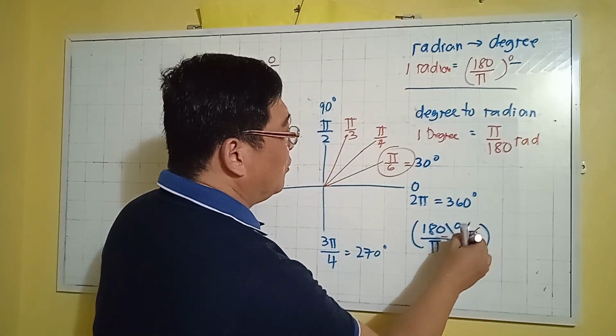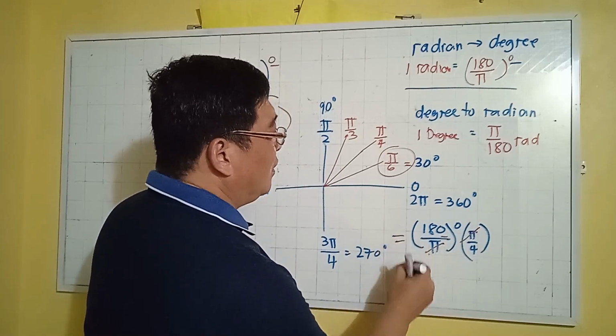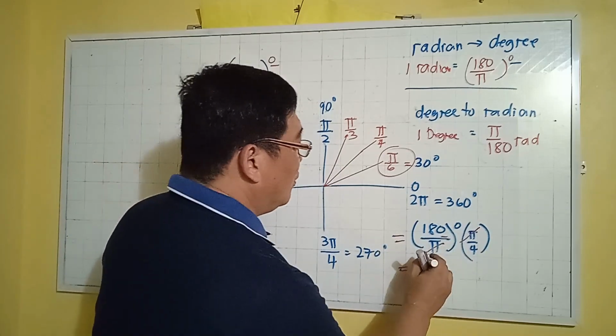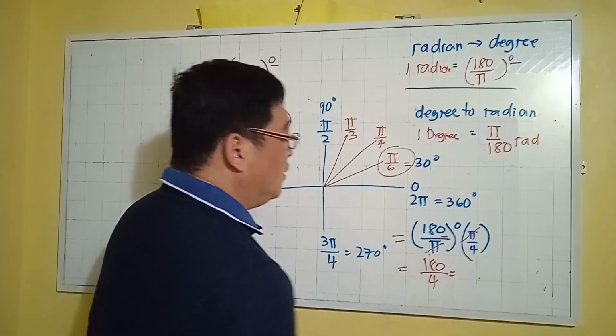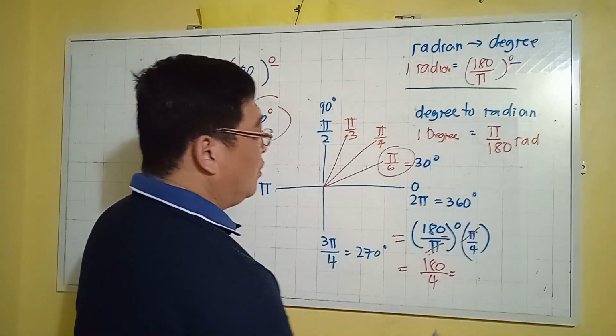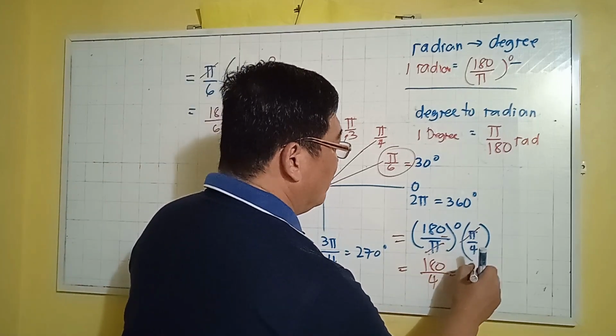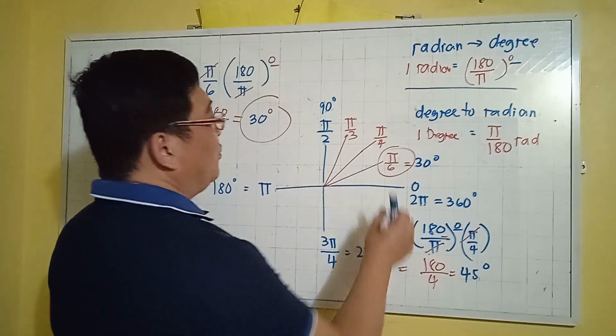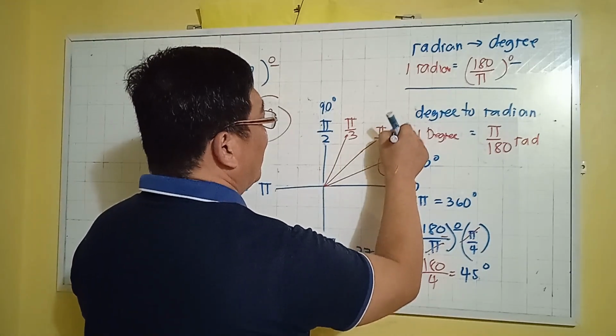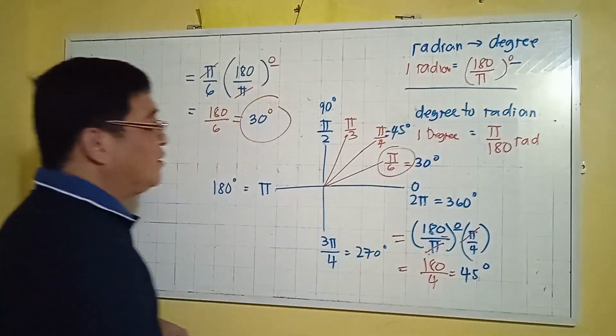So makakancel na naman yung pi. That is equals to 180 over 4 is equals to 45 degrees. Ito yung unit niya. So we have 45 degrees.